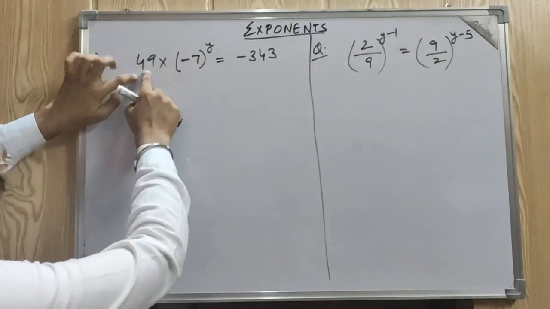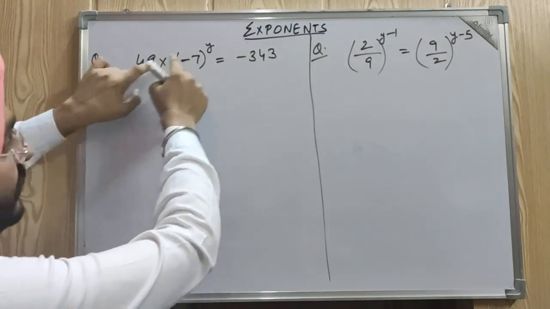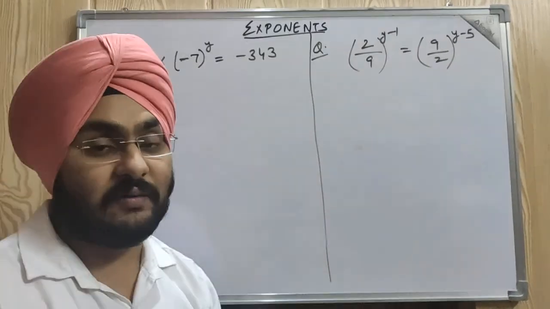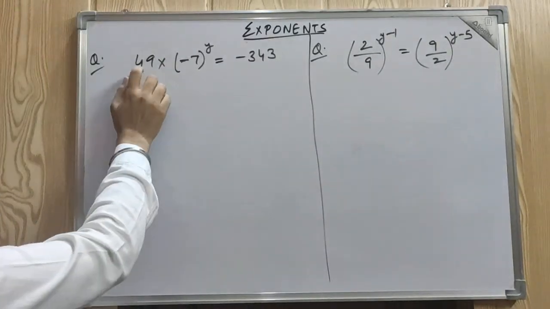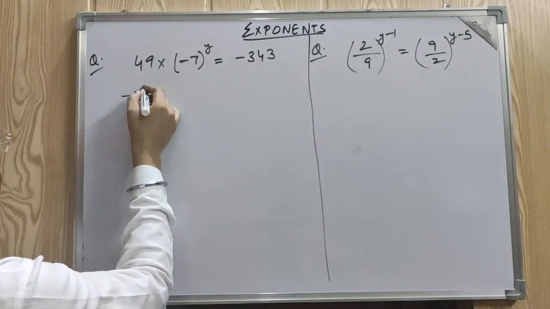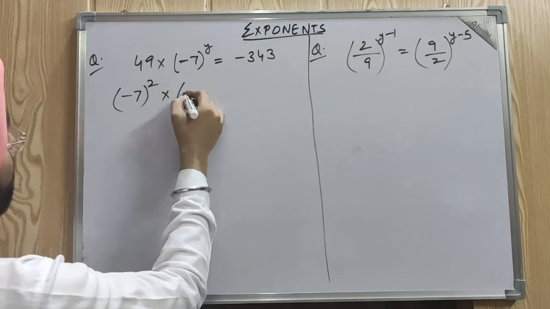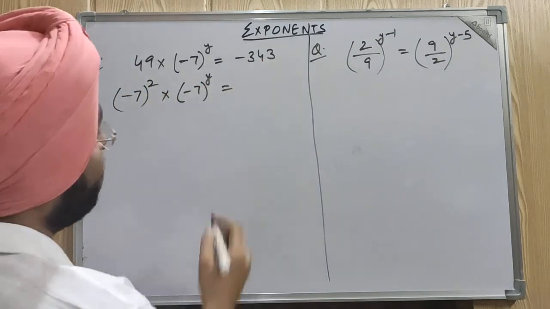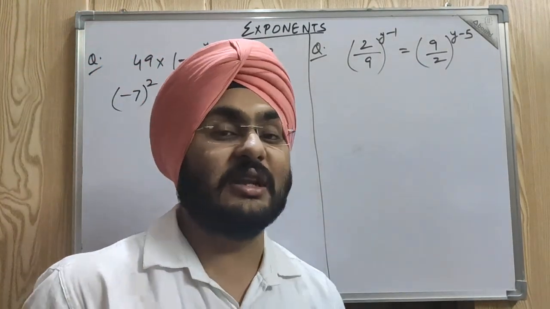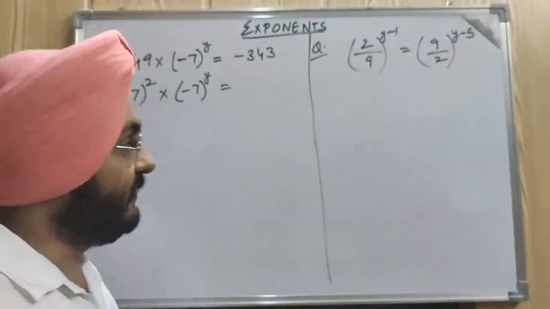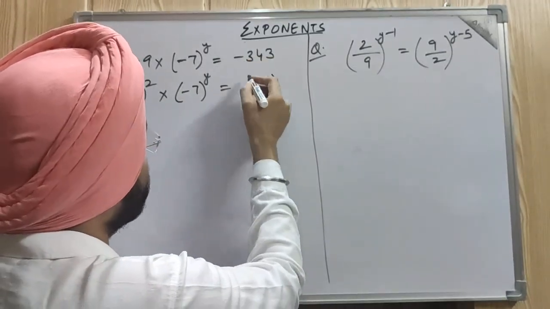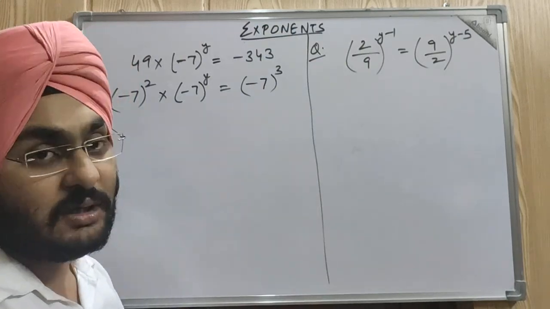It means this should also be in minus 7 power. How we can write here? This 49 can be written in this way: minus 7 square, times minus 7 to the y. If we are taking the prime factorization of 343, that will be 7 cube, and this negative also. So can't I write in this way: minus 7 raised to the power 3?